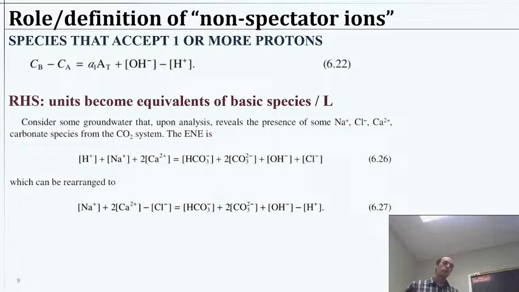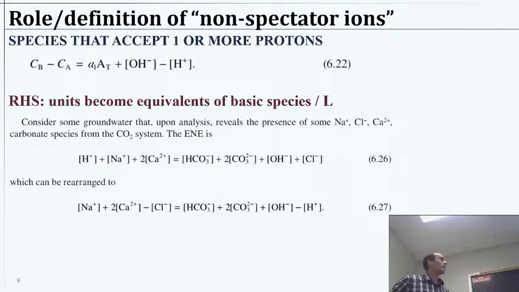Okay, so to define this a little bit more, the right side units become equivalents of basic species per liter. So we can call them, we said these are titratable by an acid, so they're kind of the basic stuff.